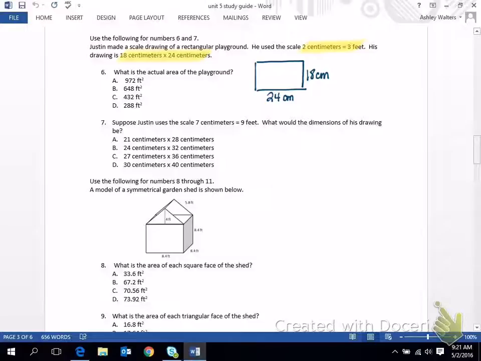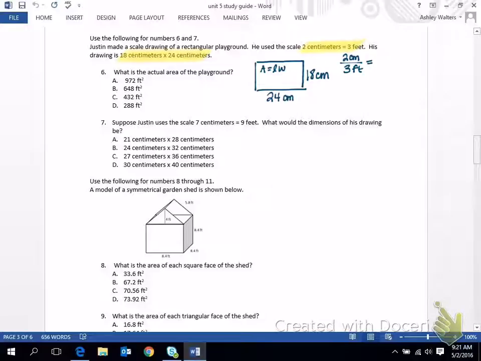We want to answer the question that says, what is the actual area of the playground? And this is a rectangle, so we're going to do area is length times width. And this playground is not built in centimeters. That would be extremely small. It's built in feet. So we're going to use our scale or proportion that 2 centimeters is the same as 3 feet.